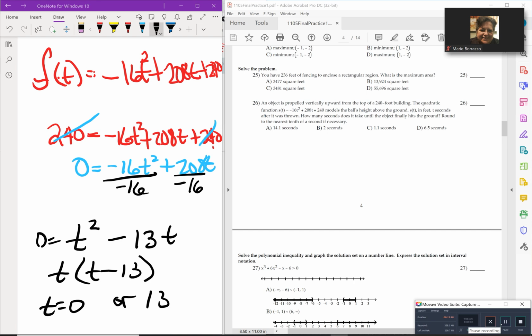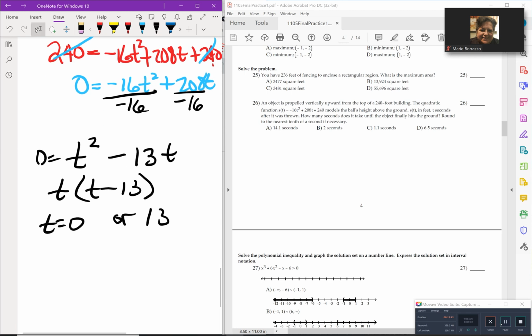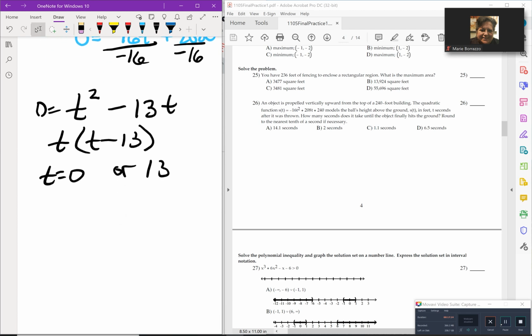So as we look at this question, you can see that the closest answer would be A if you did it this way. You can also take this question, which would be my preferred method for you to use. And so this is actually S of t, not F of t. I'm so used to writing function. This is equal to negative 16t squared plus the 208t plus the 240.